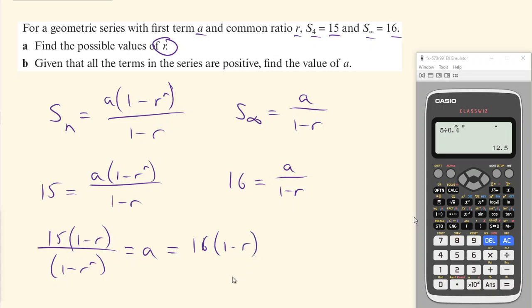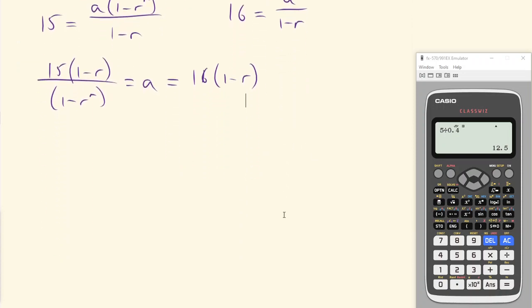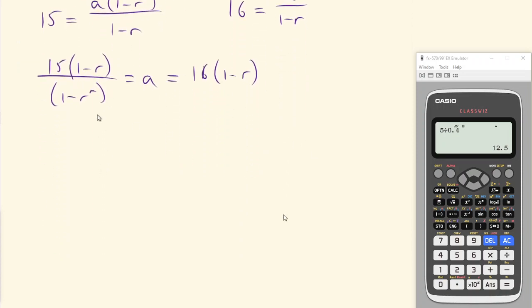Okay, so we've got simultaneous equations. We can equate the a's and solve this from here. We've got a common factor of 1 minus r in both of these things. So I've got 15 over 1 minus r to the n, r to the 4 rather, because that was our power, equals 16.